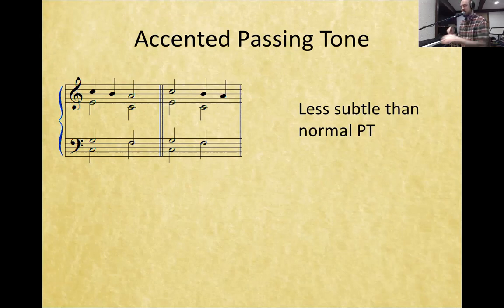Right, so that's the first one, traditional passing tone, off the beat, lovely, but not very noticeable if you're not paying attention. Now let's look on the right. And this again is the one where we've moved the rhythmic writing of the soprano part over so that the B, this dissonant note, the passing tone, is happening on the beat.